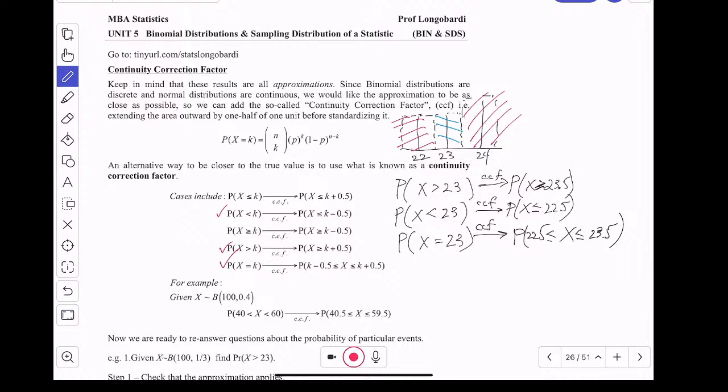And let's do the last two with another drawing.